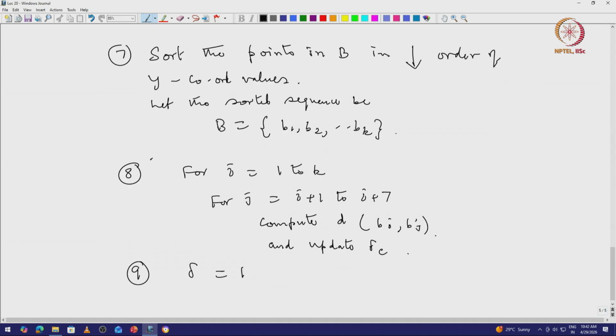Then delta equals the minimum of delta L, delta R and delta C. Return delta.